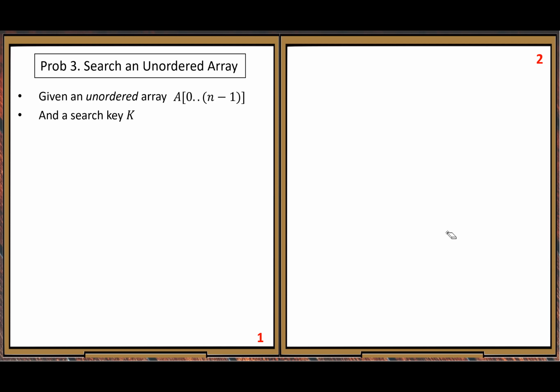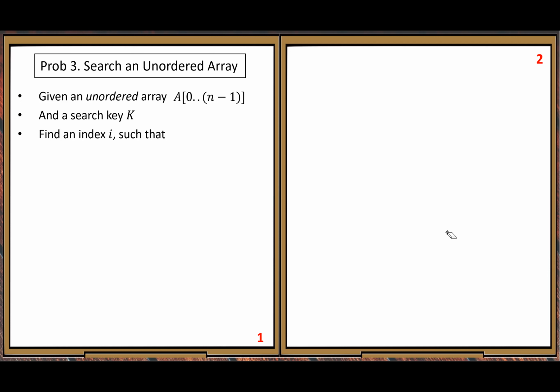Should match one, not should, could, because there is a possibility there is no match. Later we will have that case. Not should, could match one of the elements in the array. All right.